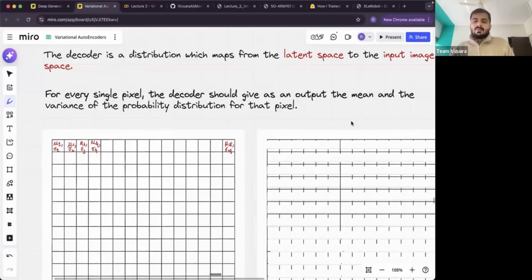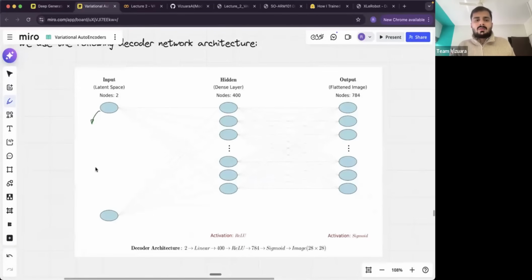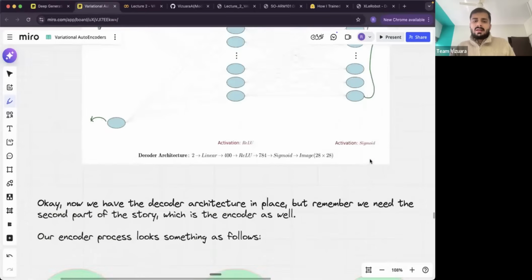And the decoder looks something like this. We take the two values coming in from the encoder, we again pass them through the hidden layer, and then we project to the output, which is again 784 dimensions. So we go from 2 to 784. So you can now imagine the entire architecture.